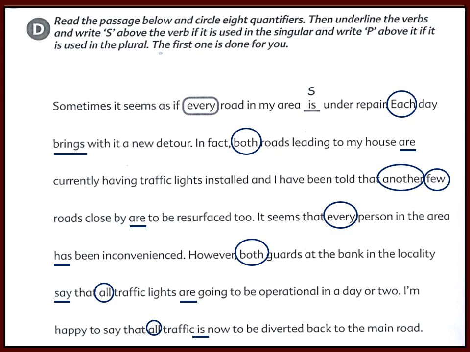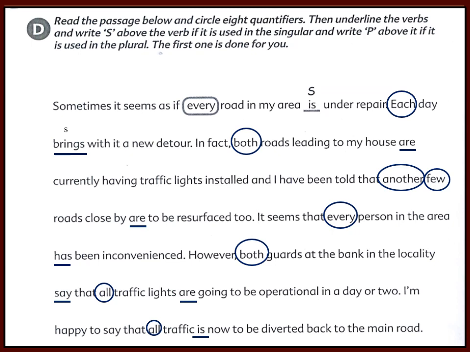Now we will decide whether the verb is singular or plural. Then we will write S or P above that. Now let's see the first one. Brings. This is singular, right? Write S above the verb if it is used in the singular.